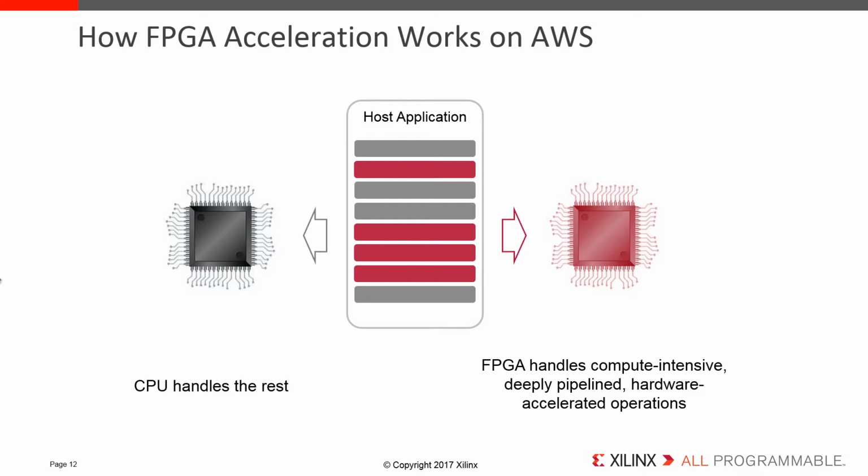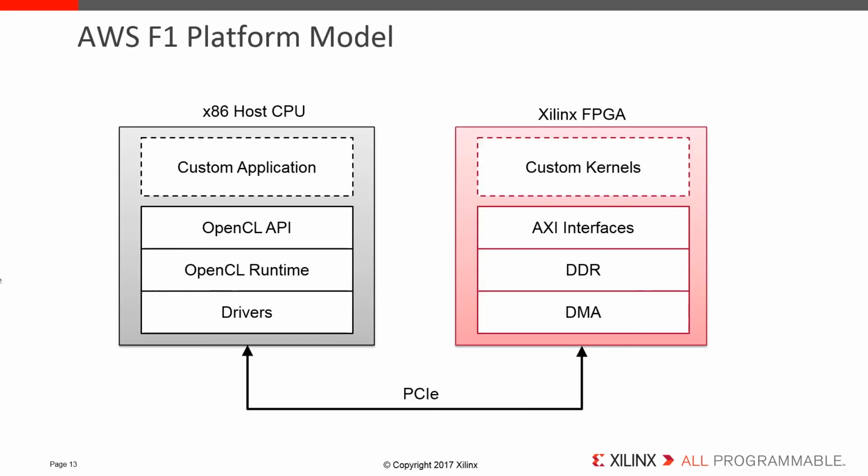In the next few slides, we'll look in more detail at how that communication from the CPU to the FPGA and back actually works. Here's an abstracted model of the AWS F1 platform. On the left-hand side, in the gray box, we have the software stack running on the x86 CPU. On the right-hand side, in the red box, we have the hardware components in the FPGA.